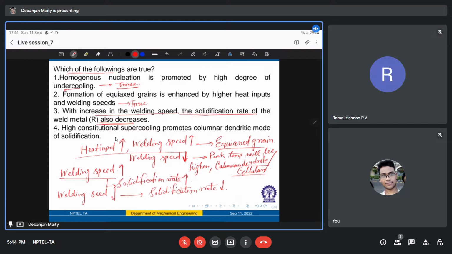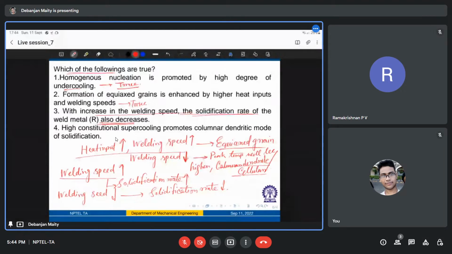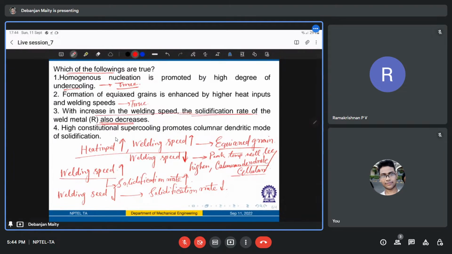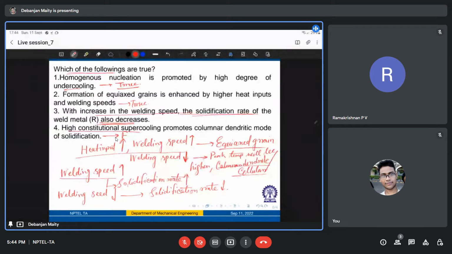And now the final statement says that high constitutional supercooling promotes columnar dendrite mode of solidification. If the supercooling is high, why you don't form columnar dendrite? This is also false. Let me try another color.